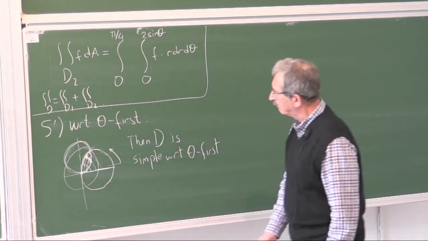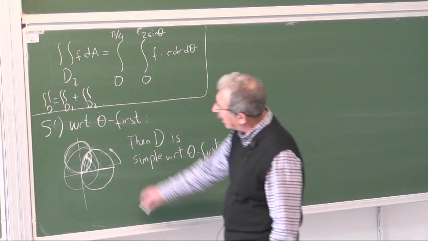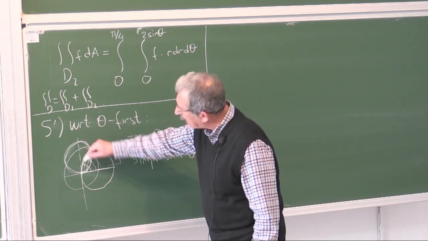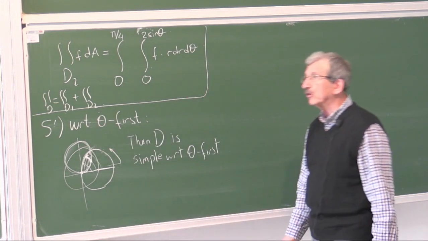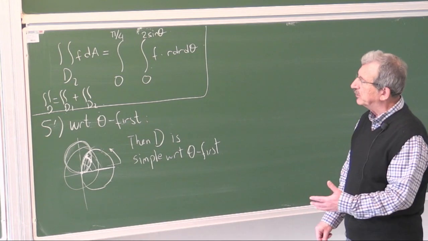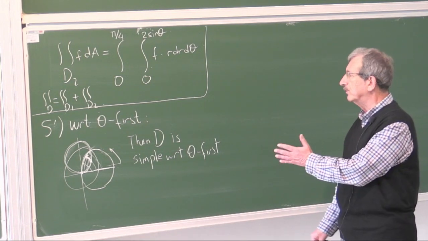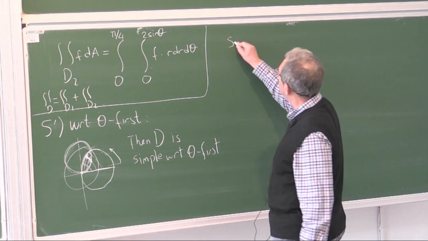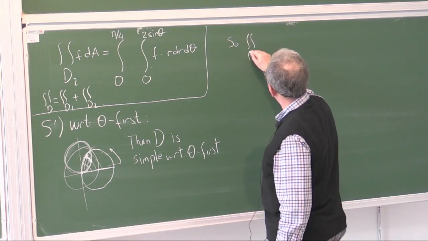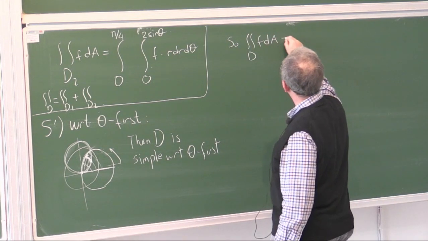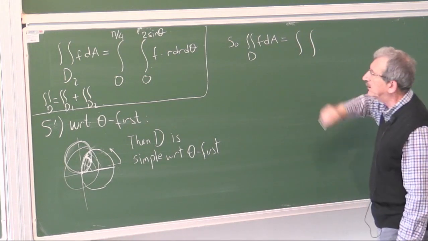Because theta changed from the upper circle up to the lower circle, and r changed from 0 to square root of 2. So we get directly the integral over d without any decomposition, because we don't need it.